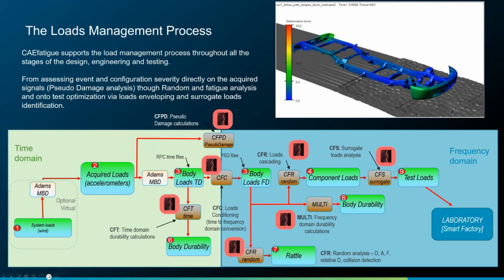Now, if you have the multi-body dynamic model, then you can use that directly to calculate fatigue analysis on the model neutral file, for example, or you can pass the loads information into Nastran or equivalent and perform time domain fatigue analysis, what we could call body durability. This could be done interactively, with Nastran embedded fatigue, or with third party tools.